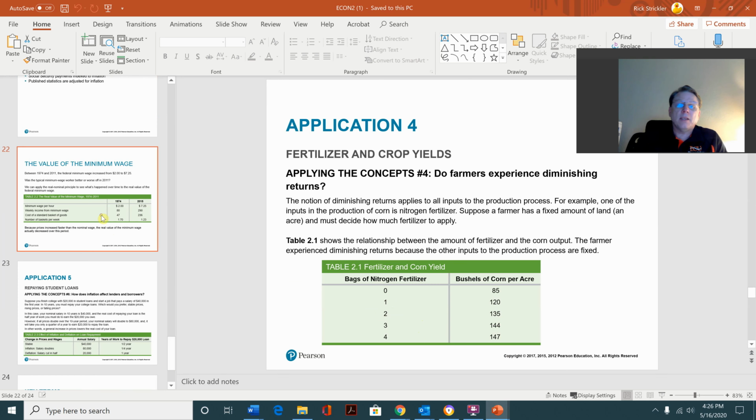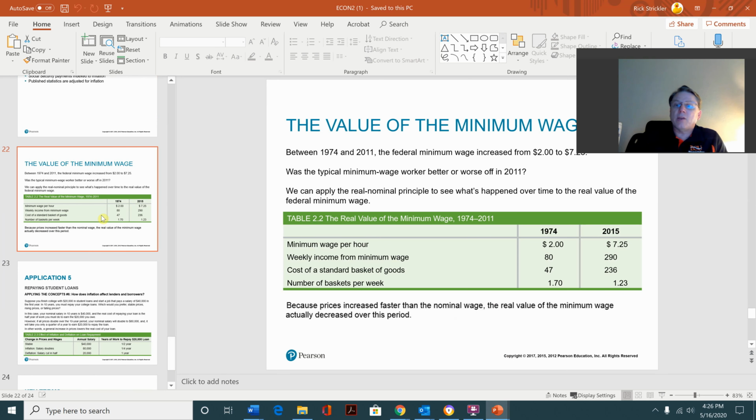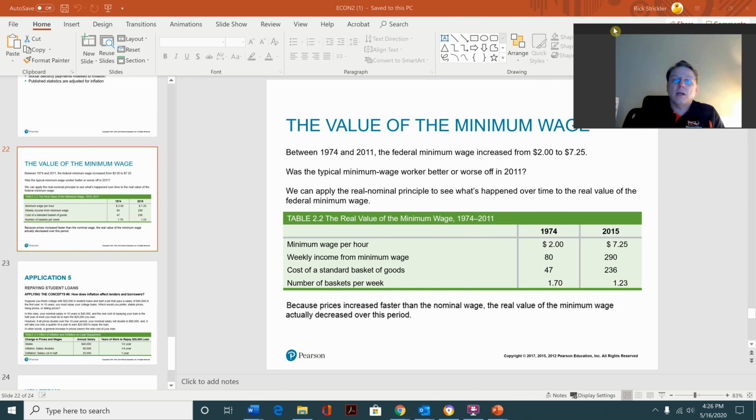Okay, and then the value of minimum wage. 1974, go up a little bit with this one. Between 1974 and 2011, the federal minimum wage increased from $2 to $7.25. Was the typical minimum wage worker better or worse off in 2011? By the way, the minimum wage is still $7.25 here in 2020. It hasn't changed since 2009 when it went from $7 to $7.25.